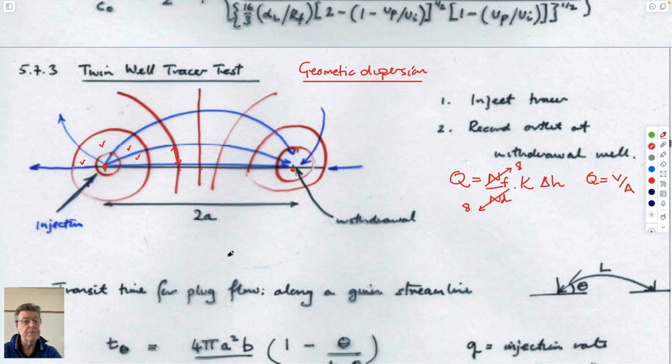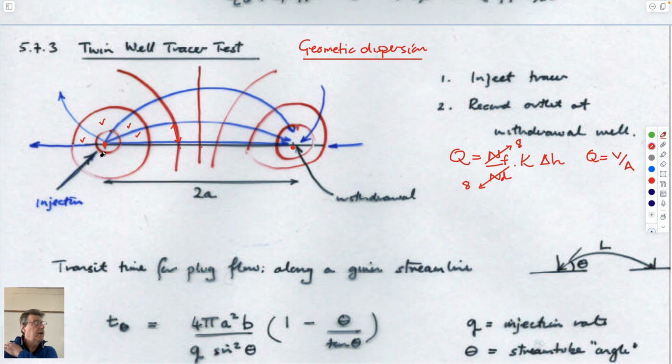And so if you think about the flow through this system, I'm going to ask you a question. Which is the fastest flow tube? This one?